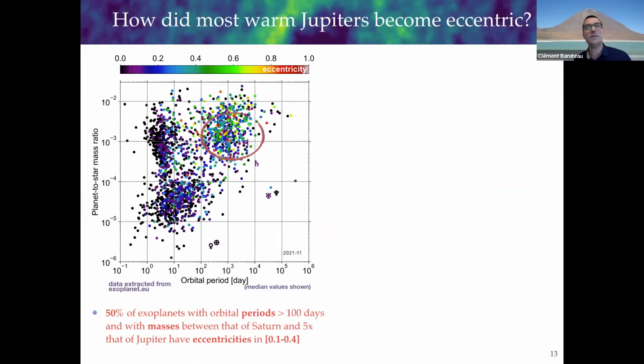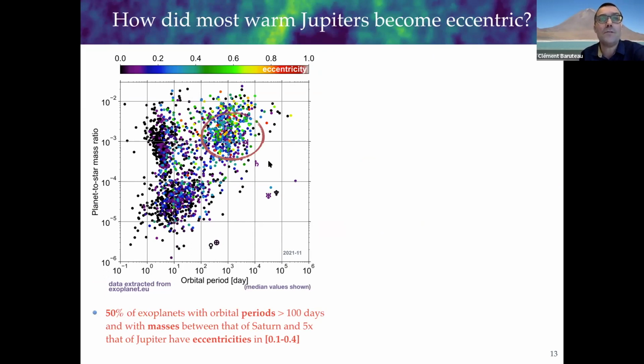The idea behind this work was to think about the possible origins for the warm eccentric Jupiters. These warm eccentric Jupiters are the exoplanets that are highlighted by this red ellipse here in this diagram, which shows the planet to star mass ratio on the y-axis as a function of the orbital period.